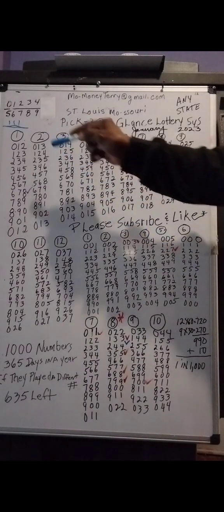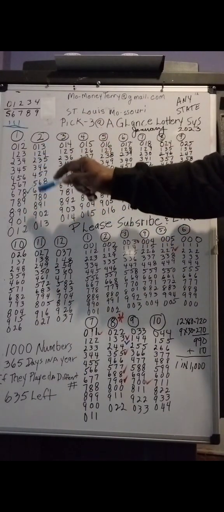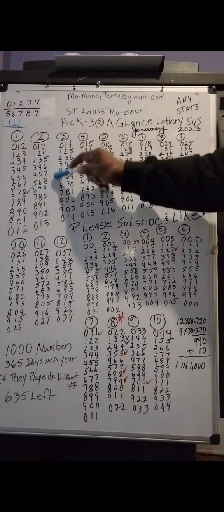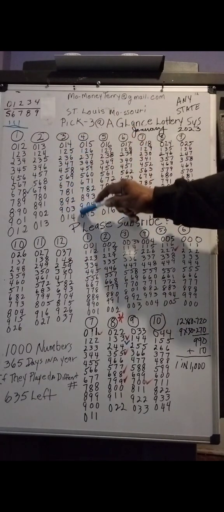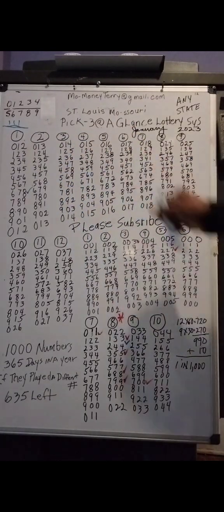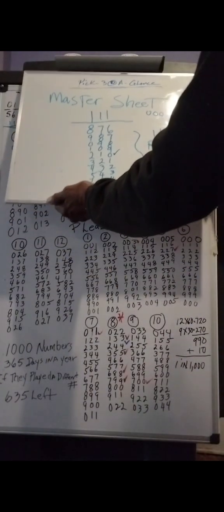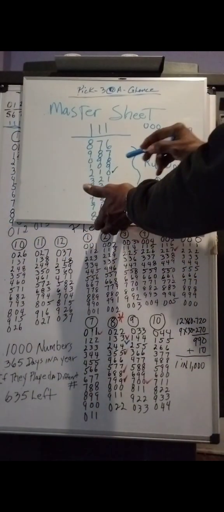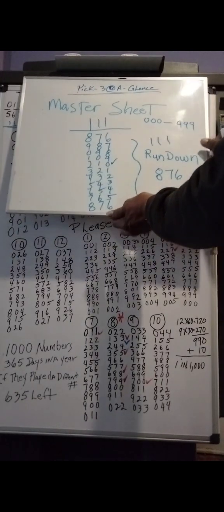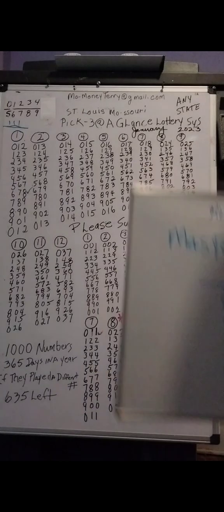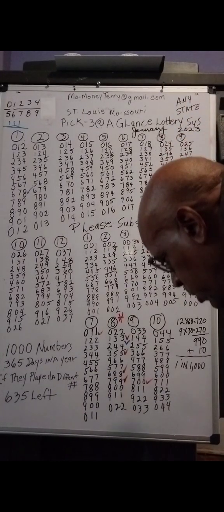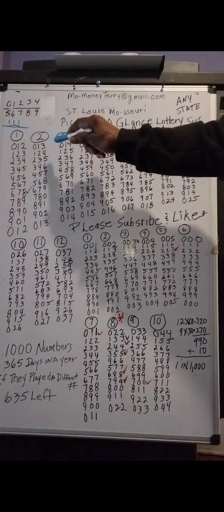It's going to take a little work to understand it, but it's very simple because every one of these numbers is in numerical order. And whenever you do the 1-1 rundown on any number, this 012, which is a base number right here, will always be in that rundown in one of the formats.